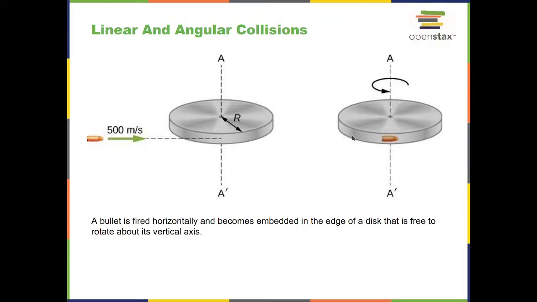So what's the angular velocity with which the disc starts rotating, and can I use this to measure the angular velocity and then determine the velocity that the bullet came in with originally?